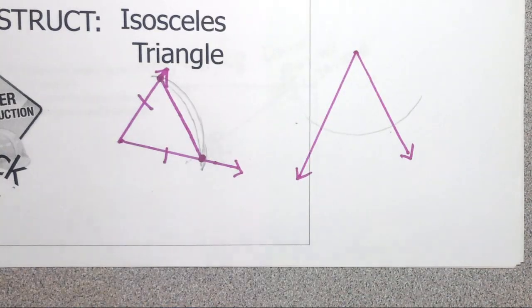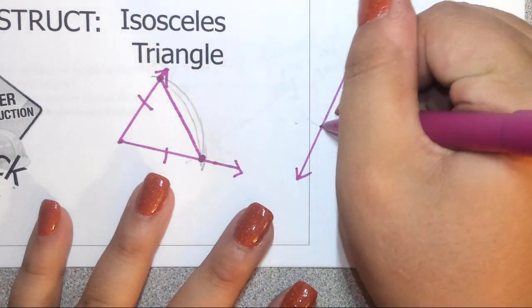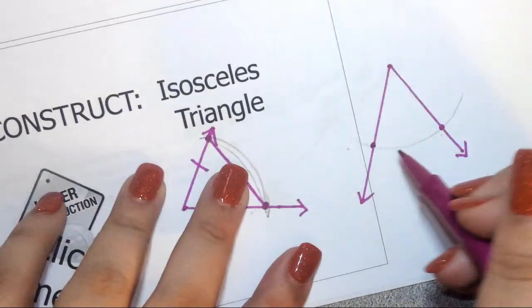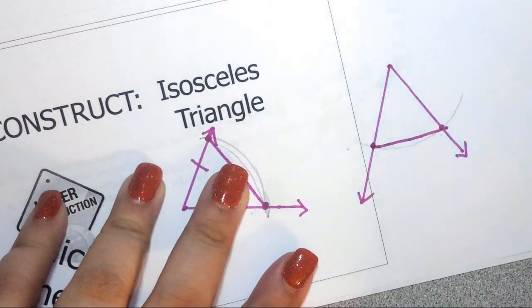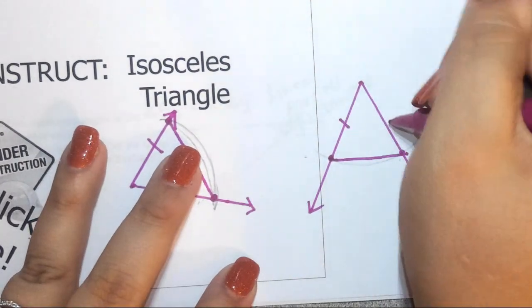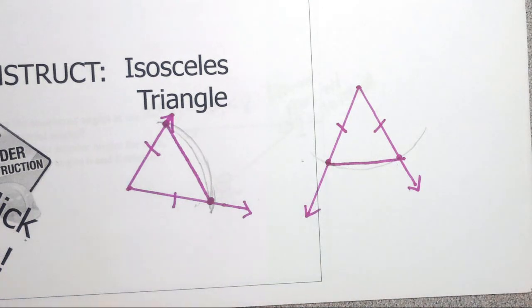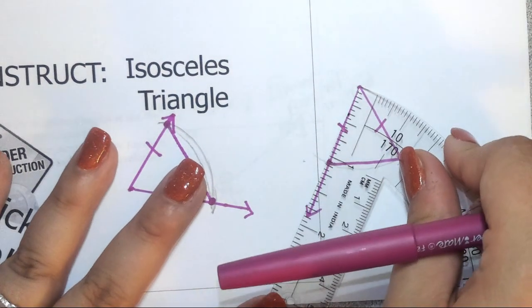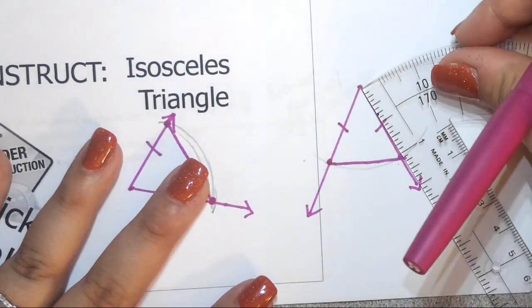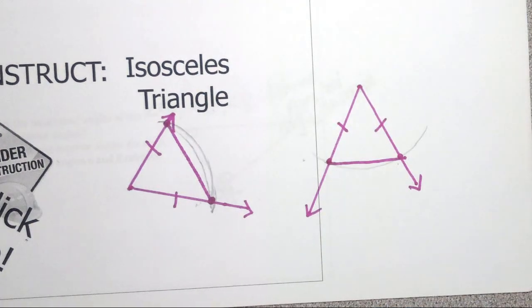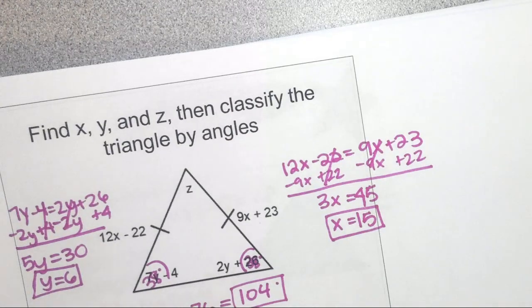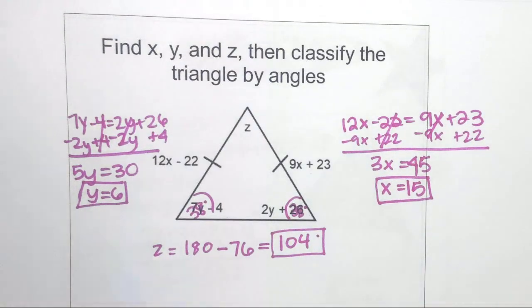I'm getting it. I drew my arc. Where they intersect, I connect. And then, bam, bam. Those two sides, if I were to use a ruler or measure, they would be exactly the same. Okay? Now, are you ready for your mind to be blown a little bit more? No. A little bit. Just a little bit, okay?